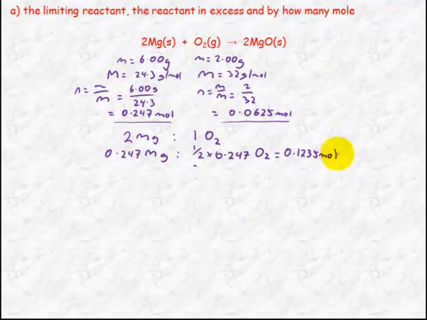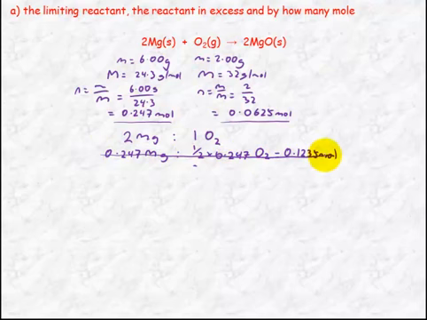Do I have 0.1235 mole of oxygen? If we look back here, I've only got 0.0625 mole, so I don't have enough of this, so this reaction cannot go ahead.